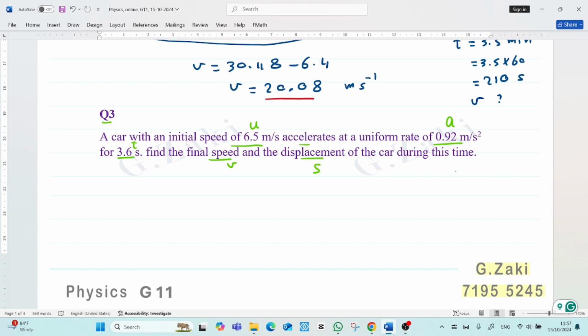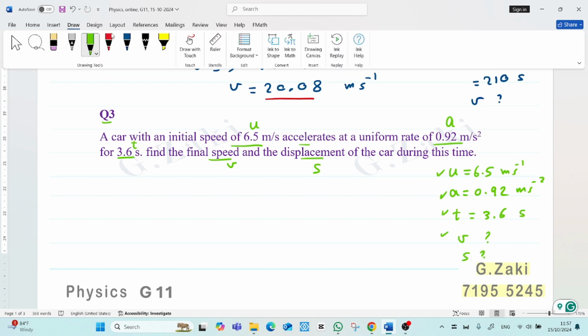Then the givens are u equals 6.5 meter per second, the acceleration 0.92 meter per second squared, the time 3.6 seconds. What do we need? We need the final velocity and also the displacement.